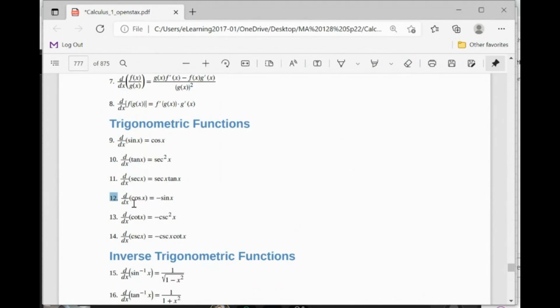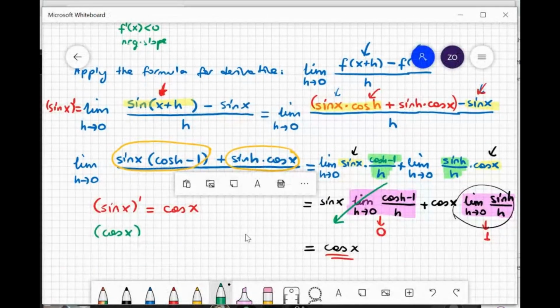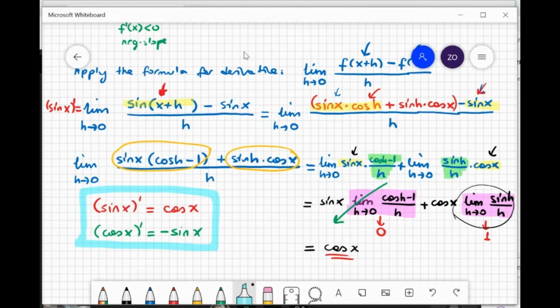So you can obtain the derivative of the cosine function, and if you do similar calculations, you will find that the derivative of the cosine function is negative sine of x. These are two commonly used functions, and you should remember that the derivative of the sine function is the cosine function, and the derivative of the cosine function is negative sine function.